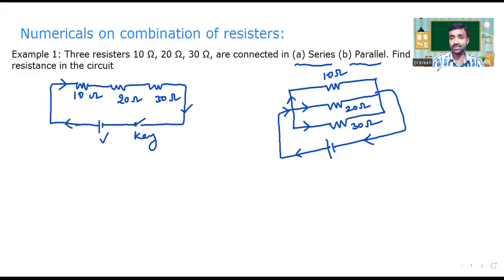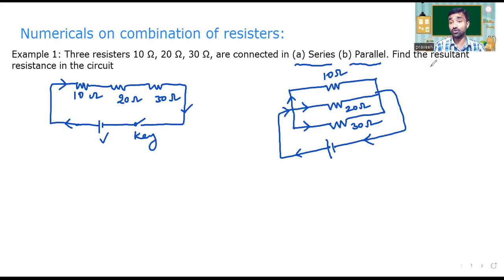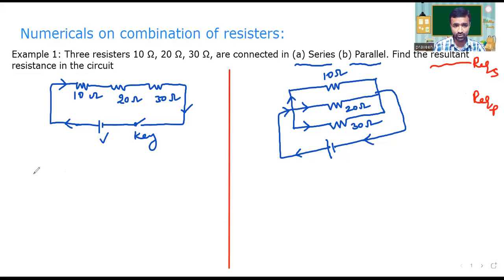But actually our question is not to draw the circuit diagram, but to find the resultant resistance. That resultant resistance is the equivalent resistance in series combination and in parallel combination. In series combination, the formula is R equivalent equals the sum of the individual resistances. So R series equals R1 plus R2 plus R3.